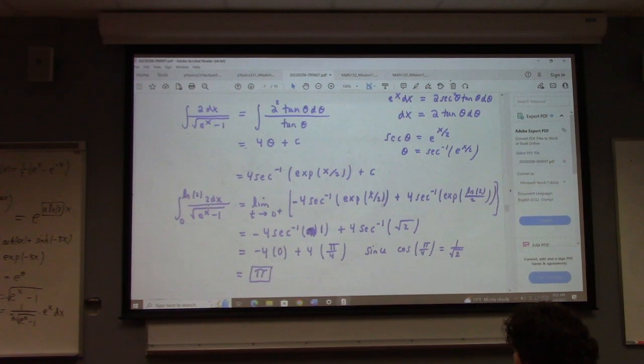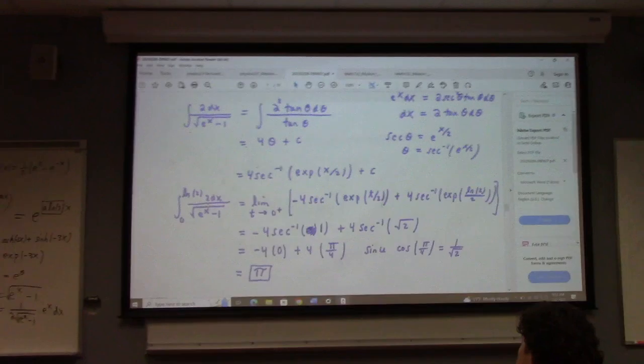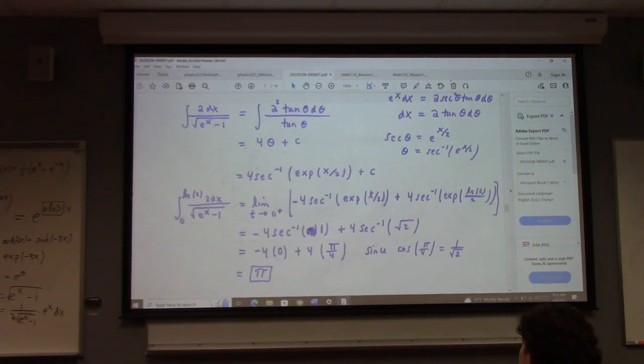After you substitute, you pull the 2 out, and it's 2du over u squared plus 1. And you pull the other 2 out, and then you can use arctan.